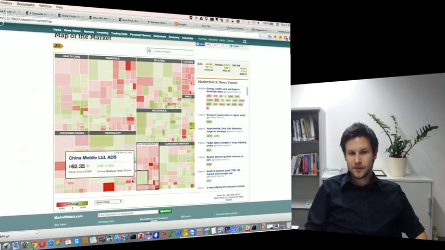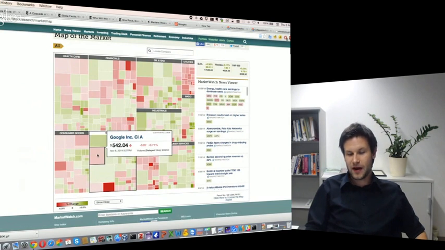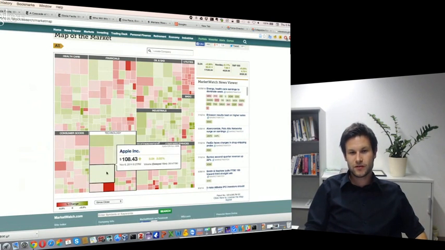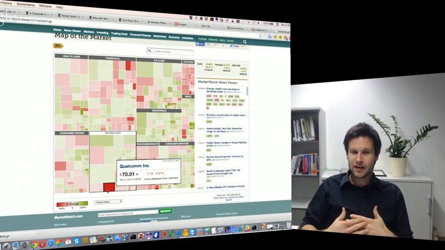And then in this technology block, you have all the different technology companies. Yeah? And the size of these blocks are the size of the companies. Yeah? So Microsoft is, of course, huge, Google is huge, Facebook, Apple. Yeah? And the color is if the stock price went up or down.